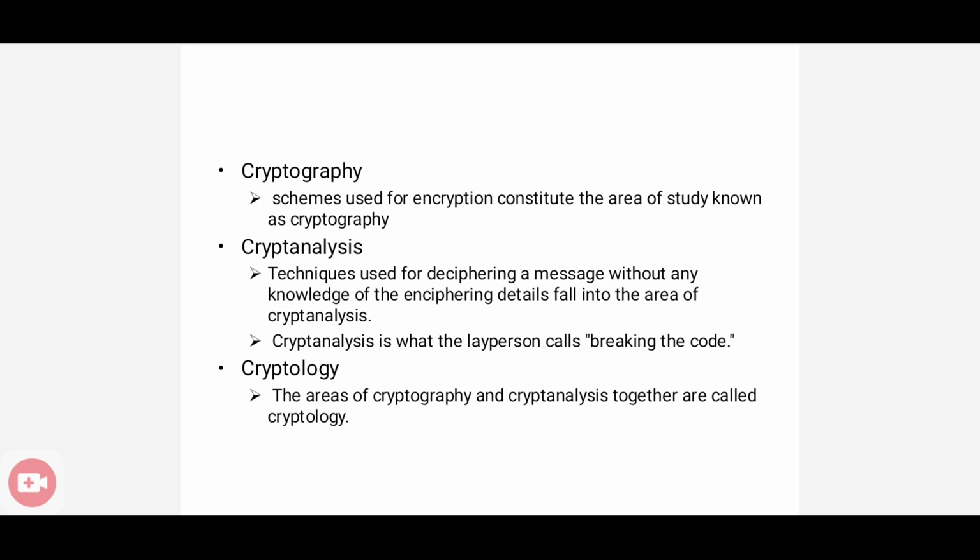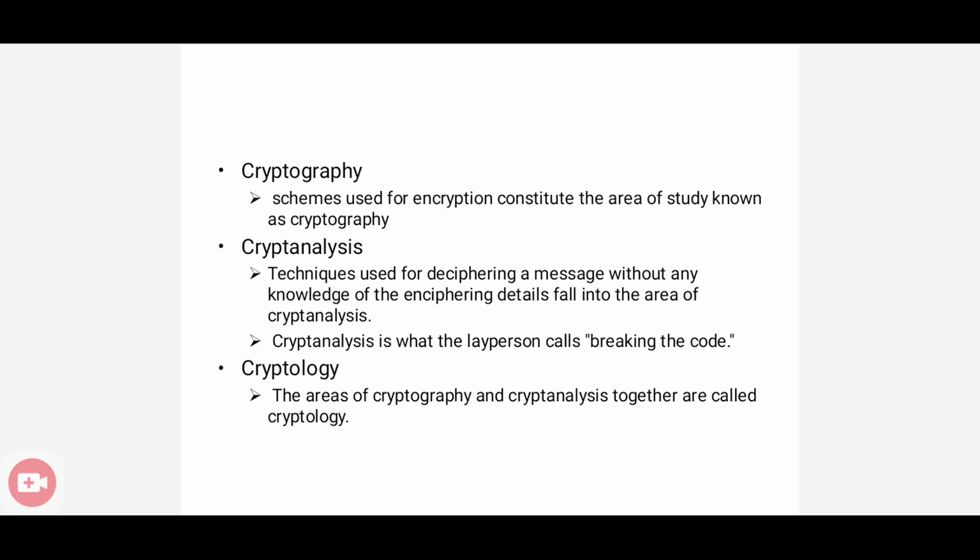Next is cryptography. What do you mean by cryptography? The scheme that is used for encryption constitutes the area of study known as cryptography. So the encryption mechanisms are known as cryptography or enciphering mechanisms. And what do you mean by cryptanalysis?